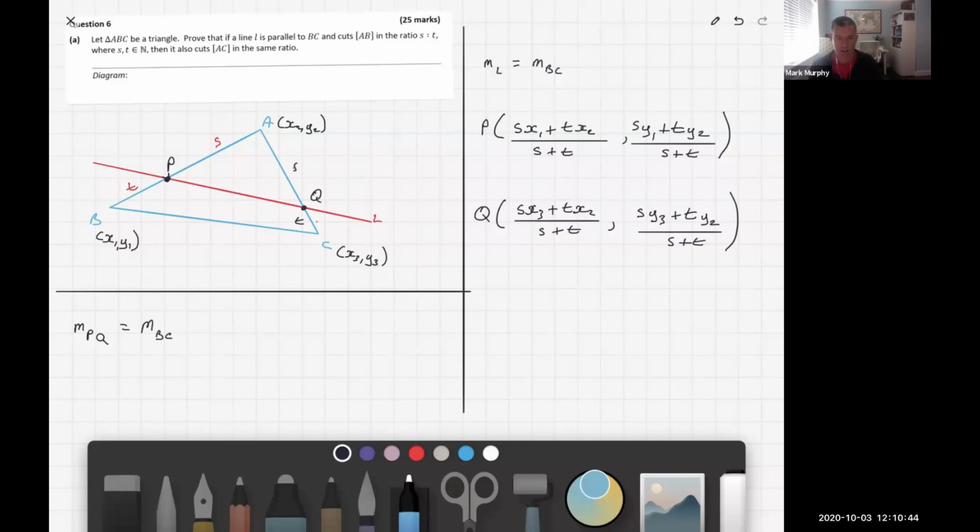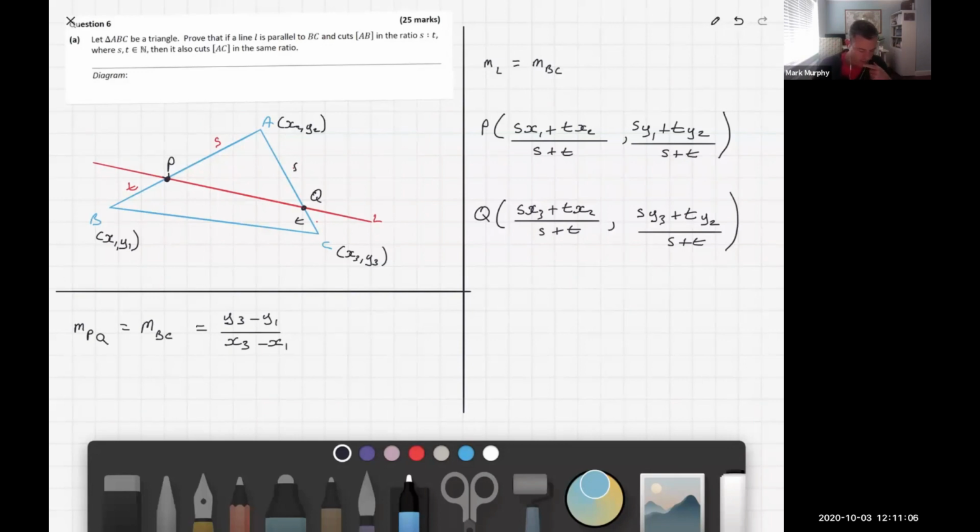That's what the question says at the start, that the red line is parallel to the base. In general terms, I can write that as Y3 minus Y1 all over X3 minus X1. That makes sense, doesn't it?